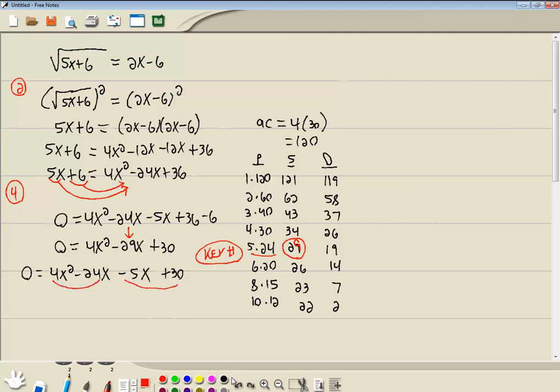Then we'll factor by grouping. First group has a 4 and an x in common, and that gives us x minus 6. Second group has a negative 5 in common, and that gives us x minus 6. Remember, our goal is to get this parentheses the same as this parentheses, which they are. So I'll factor out x minus 6, and that gives us 4x minus 5.